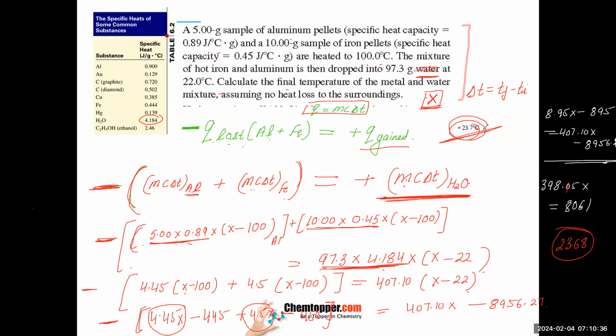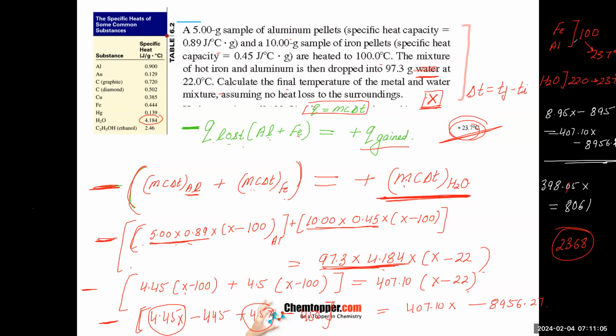So, is the temperature closer to water or closer to iron and aluminum? Remember the initial temperature of Fe and aluminum was 100 degrees, right? And this temperature dropped to 23.7 degrees. And the water temperature was 22 degrees, and this temperature is raised to 23.7 degrees.